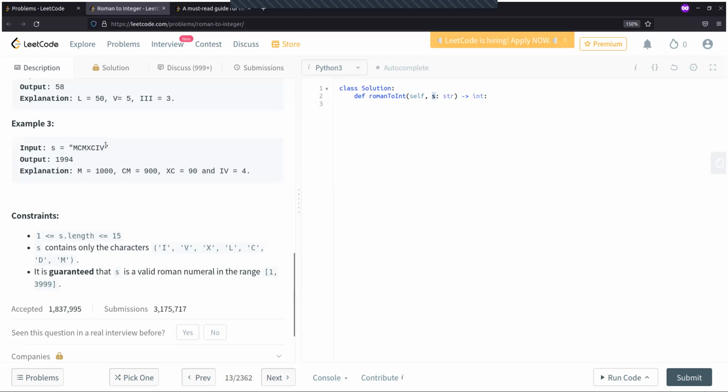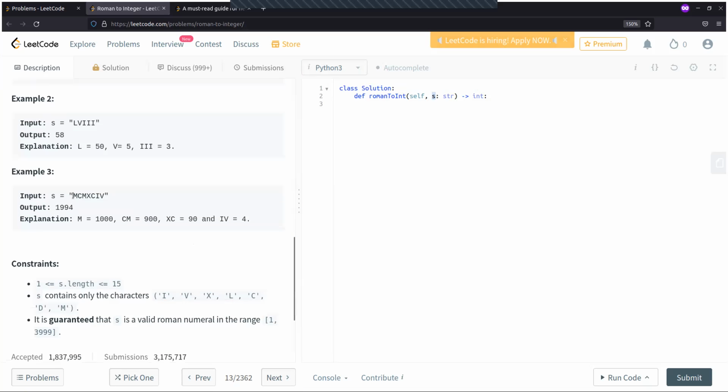So we will subtract the value of I from V. So this will be equal to 4. So the answer will be 1000 plus 900 plus 90 plus 4, so 1994. Understood? This is a simple logic, and this logic was very important in being able to solve all the test cases for this question.